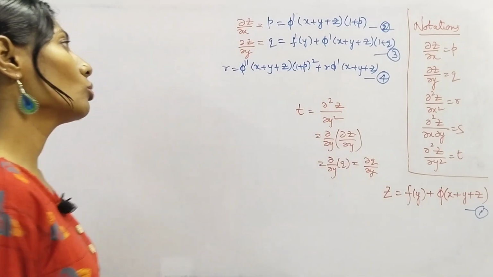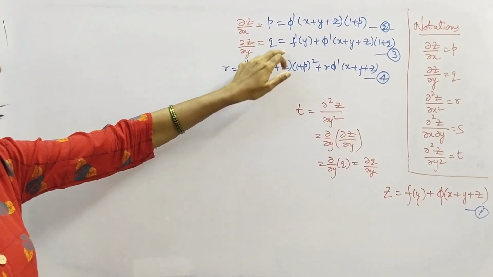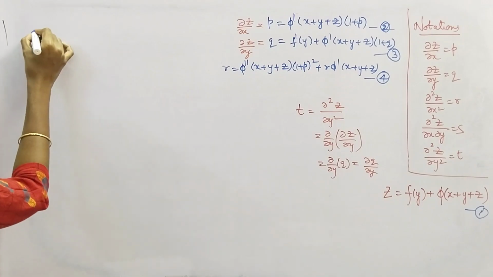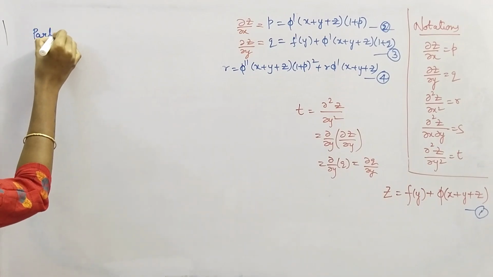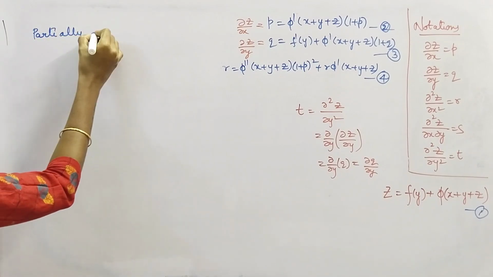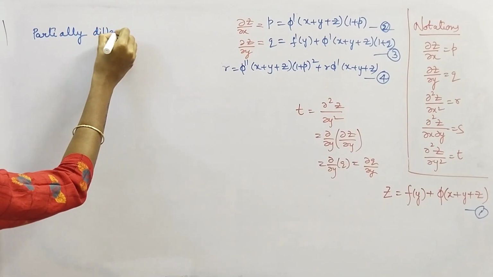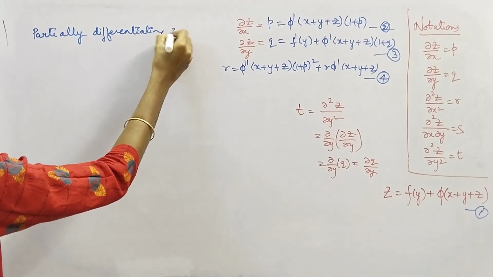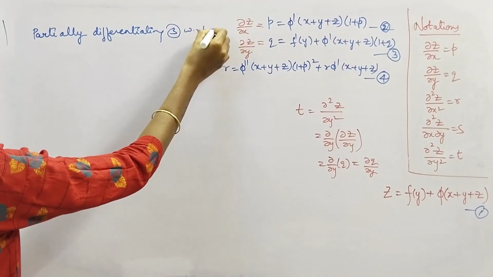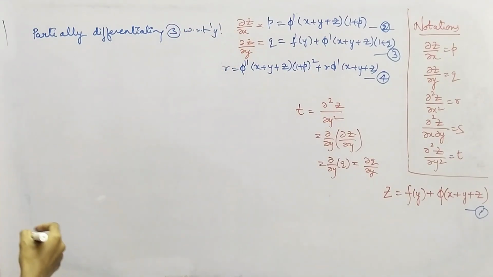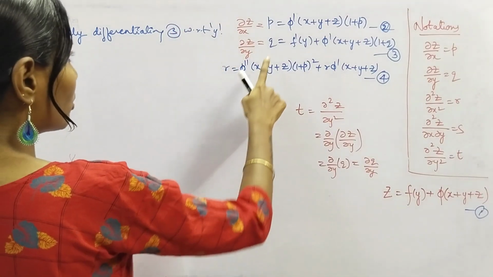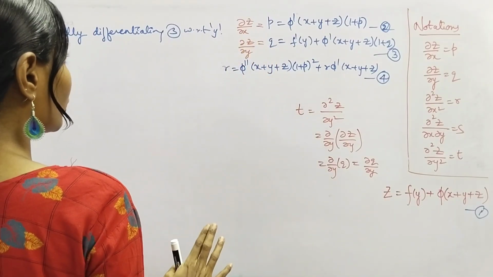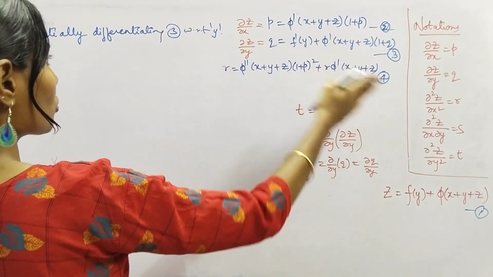Now what we are going to do is partially differentiate equation 3 with respect to y. Here, instead of taking q, I'll take ∂z/∂y, and I'll apply ∂/∂y on both sides of equation 3.